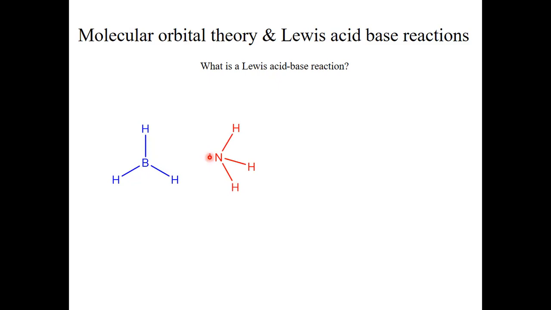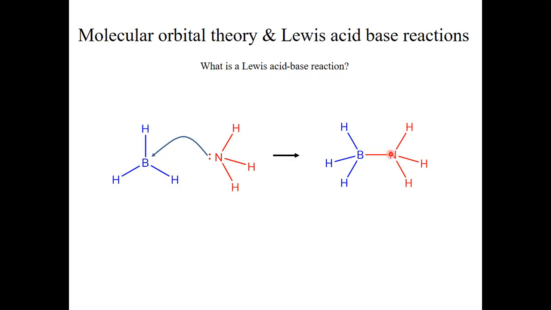Okay, so when we have a Lewis acid base reaction between these two, this electron lone pair will be donated to the bond here in a way that shares this electron pair, which was formerly the nitrogen's, between the nitrogen and the boron.